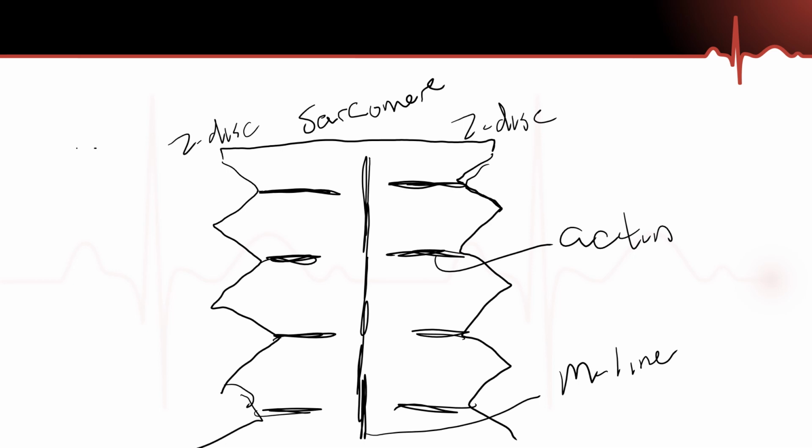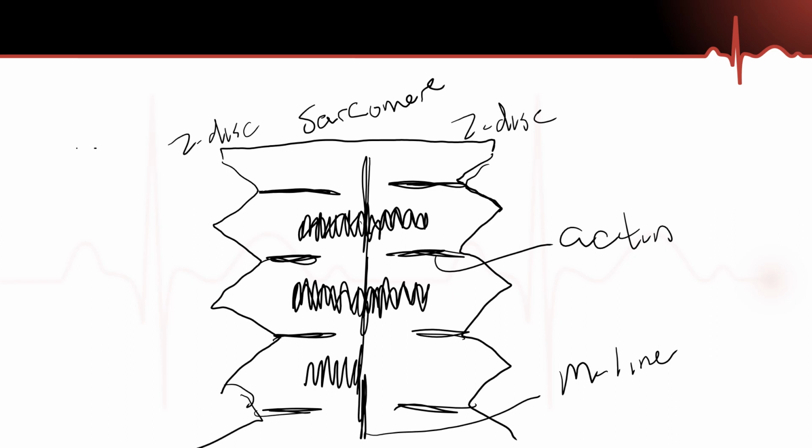All right, now what comes off of the M line? What comes off of the M line is what's called the thick filament myosin. The thick filament myosin is attached to and comes off of the M line, and as it does, it overlaps to some degree the actin filaments on both sides.